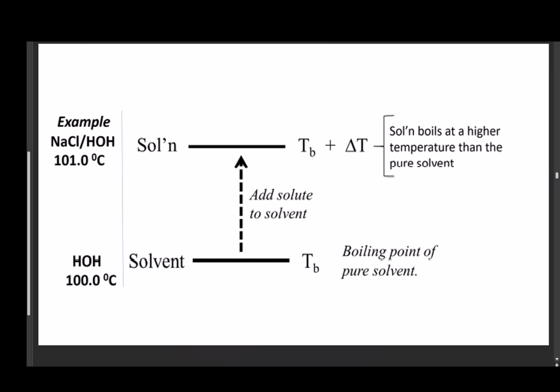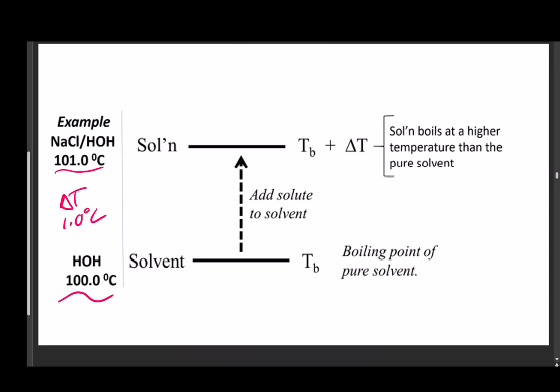Another example here, starting out with water, boiling at 100. If we add solutes, say sodium chloride, to the water, maybe it boils at 101 degrees Celsius. But it's an increase in boiling point. That boiling point elevation, which we'll call delta T, would be 1 degree Celsius here, the difference between the two.